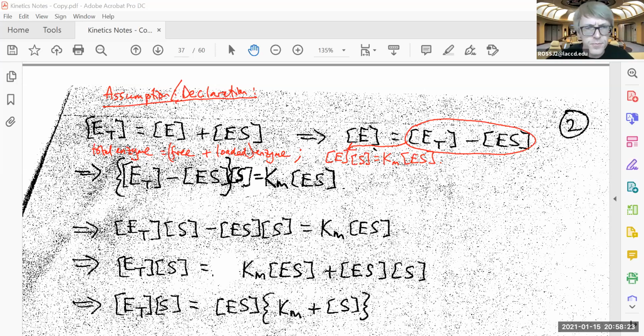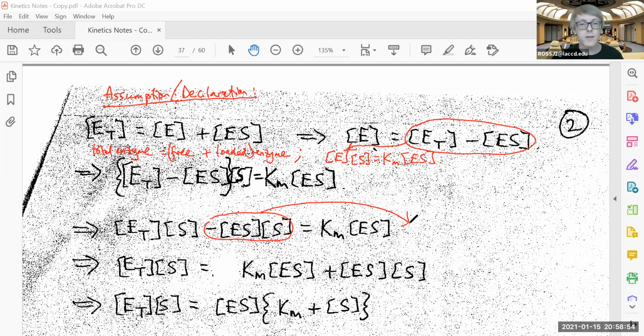All right, let's multiply out the bracket. So I've got to multiply the ET by the S and then the ES by the S. So we do that here. Okay, and then I can take this negative term and transpose it over here and make it positive.